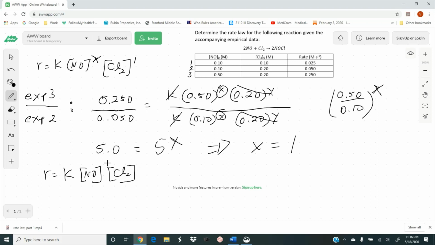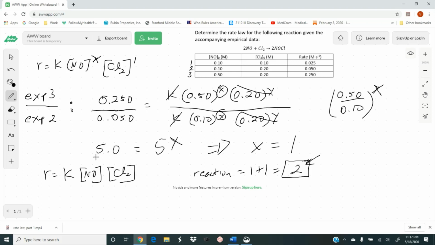So we know that this is first order with respect to NO, and also first order with respect to Cl2. The reaction order is just the sum of the exponents, so 1 plus 1 is equal to 2. So this reaction has an overall order of 2, which basically tells you that there are two substances whose concentration affects the rate: NO and Cl2.